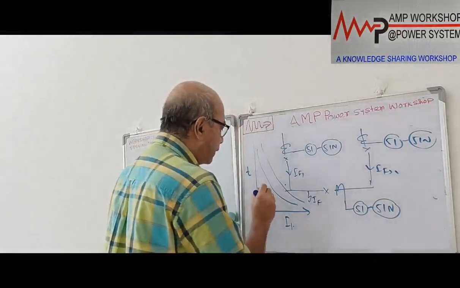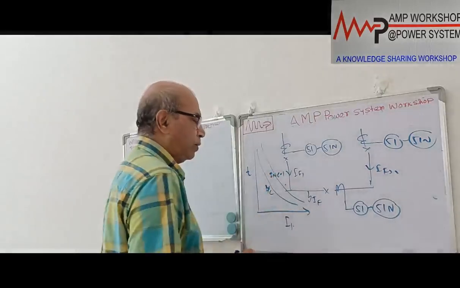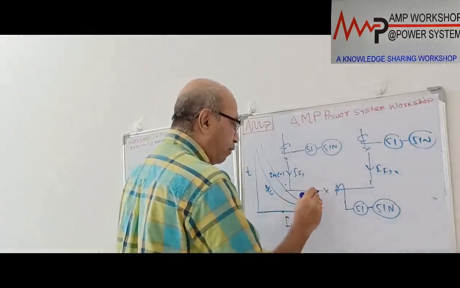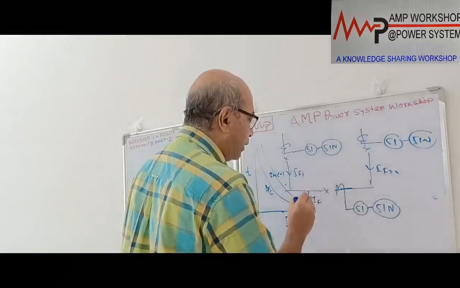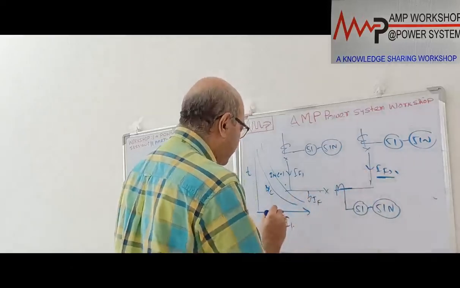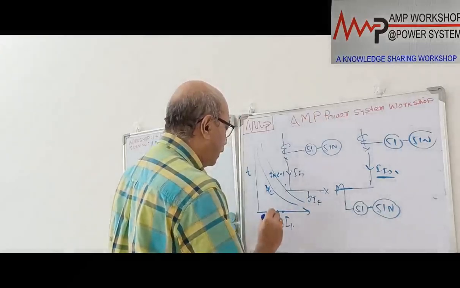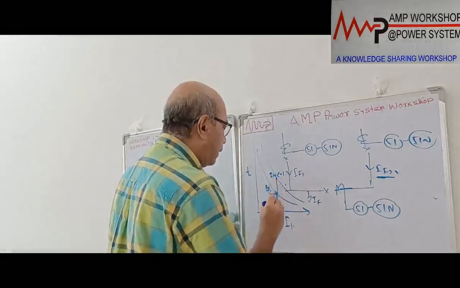This will be the bus coupler and this is the incomer, either incomer 1 or incomer 2. For a particular fault current over here, the bus coupler is feeding IF2. Suppose the fault is over here, it is IF1, and this is IF2 fault current. For this fault current, the bus coupler operating time is this amount and the incomer operating time is this amount.